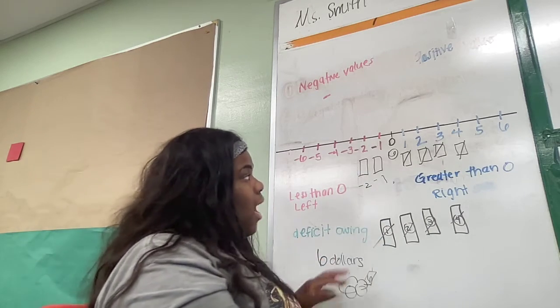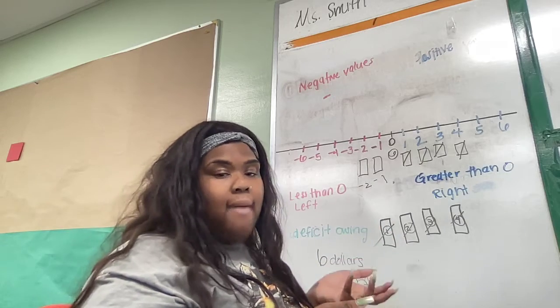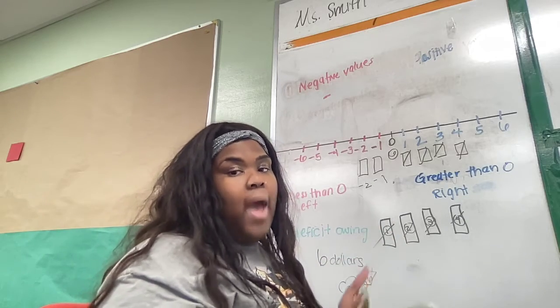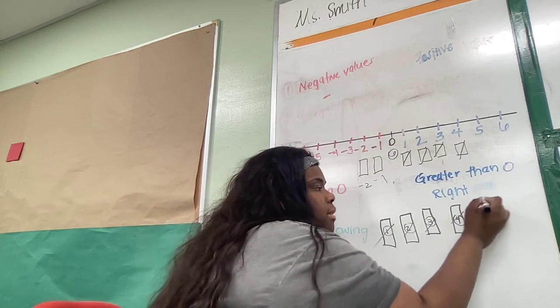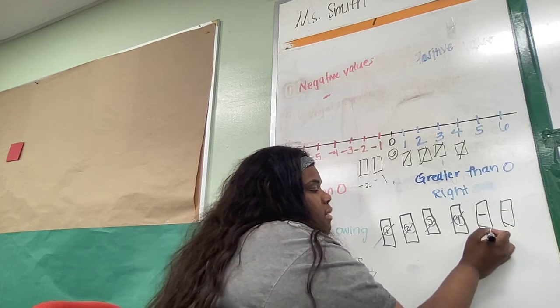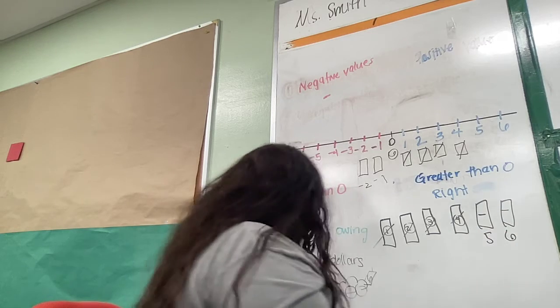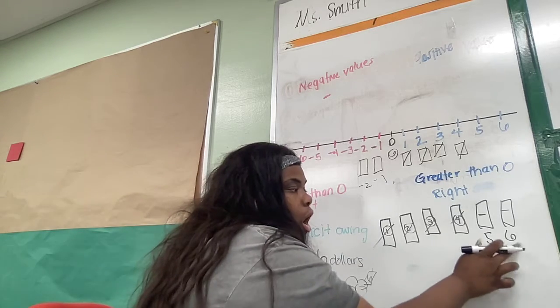Now you owe a value, because if you don't have it, now you owe it because you don't have it to give. So now you owe your bank, and let's write negatives. So that $5 and $6 are now negative.